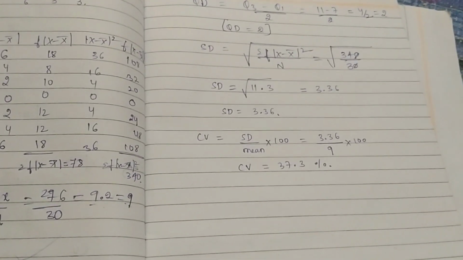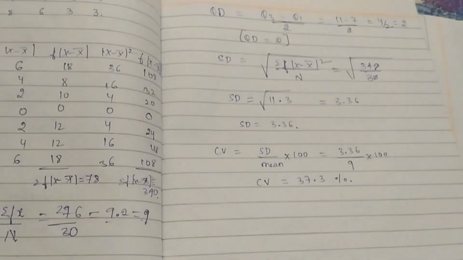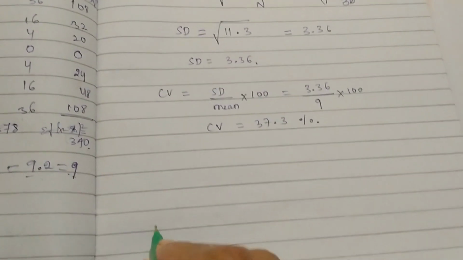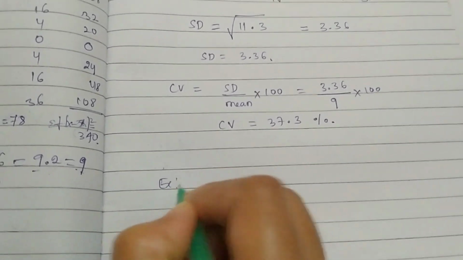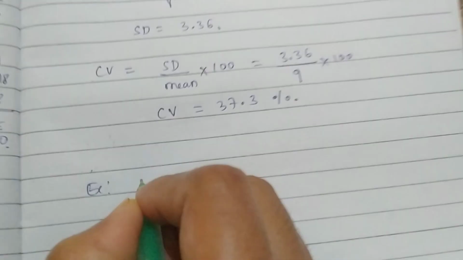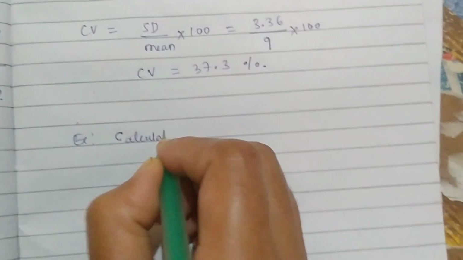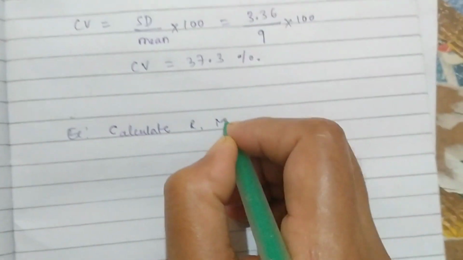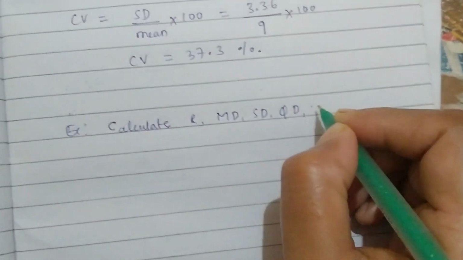Again, we'll do another problem for grouped continuous data, and I'll give an example. You can do it and comment your answer in the comment box. For example, the question is: calculate range, mean deviation, standard deviation, quartile deviation, and one more, CV.